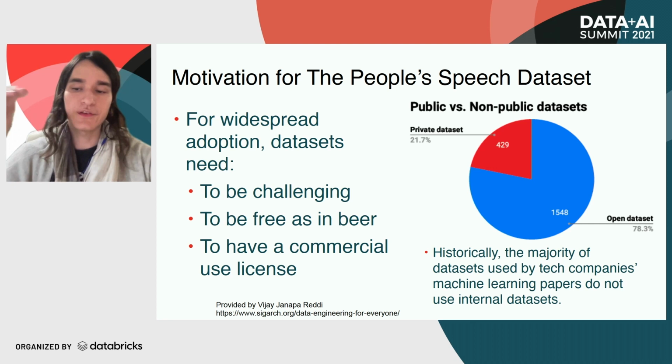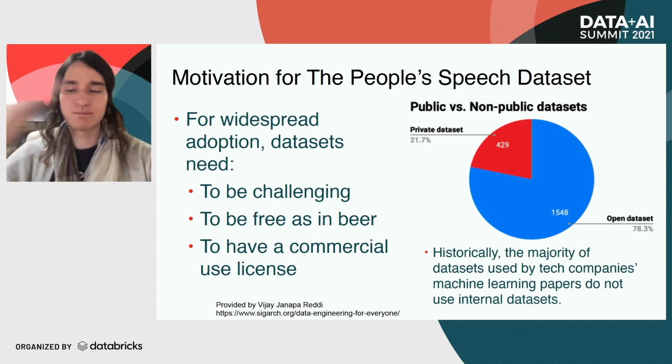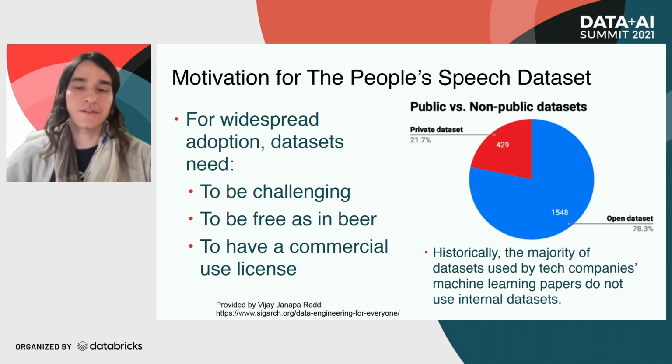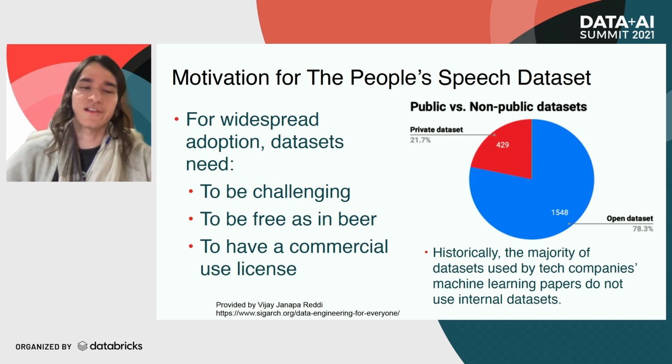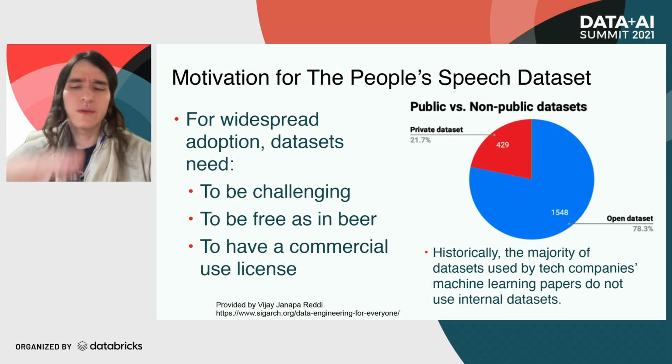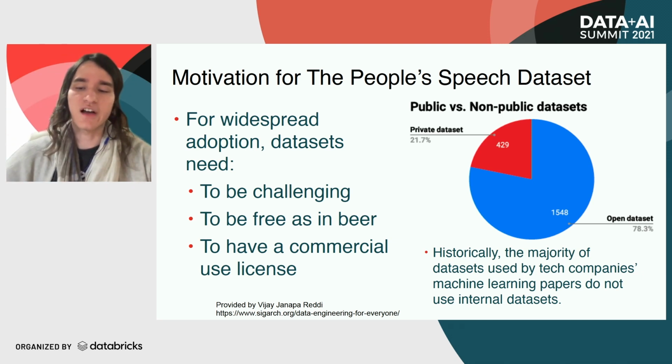If a data set is too easy, then you can't really have a good training benchmark, because if everyone's getting below 2% word error rate on a data set, and humans have a word error rate, which is how many mistakes we make while listening to people speak, of 5 to 6% or so, then once you go beyond superhuman speech recognition on a particular data set, it's probably too easy.